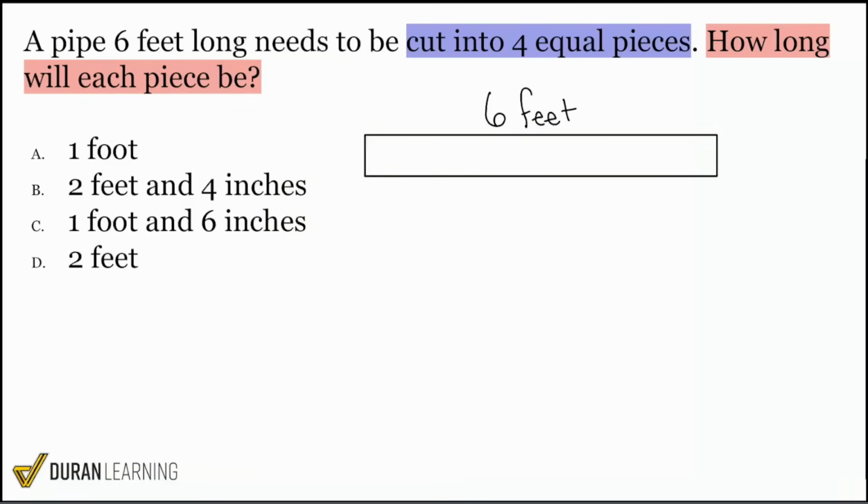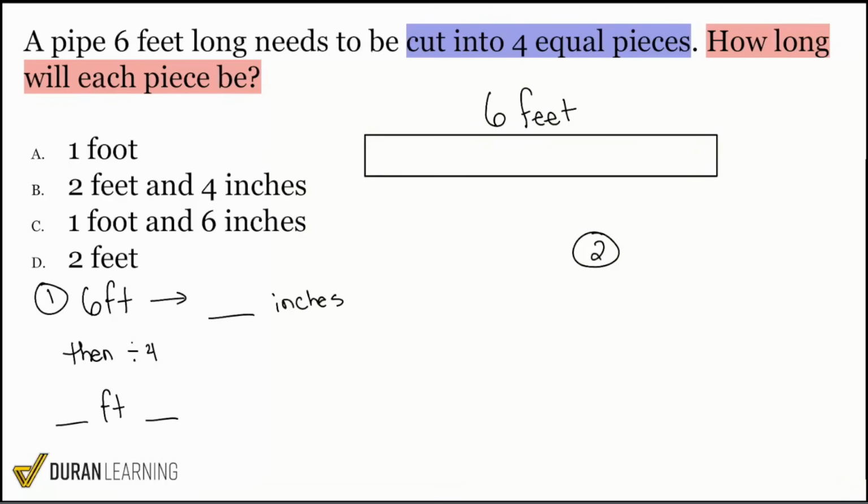I'm going to show you option number 1, and then I'll show you option number 2 over here. So option number 1, I'm going to take the 6 feet, and I'm going to convert this into just inches. Then I'll divide by 4, and then write it as feet and inches if there are any leftover number of inches.